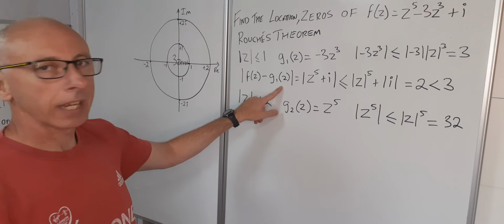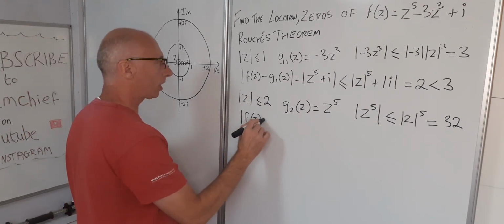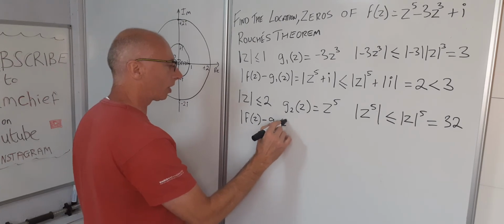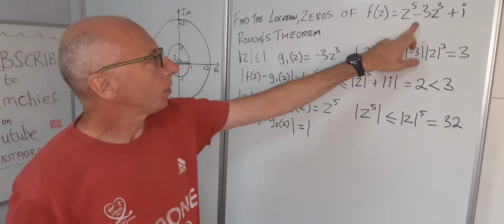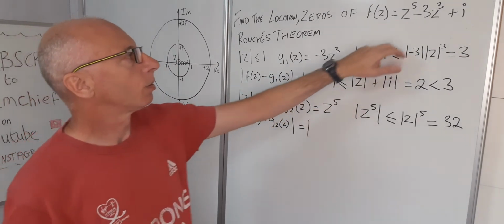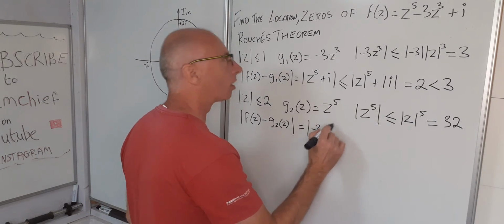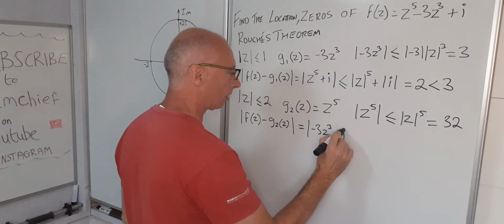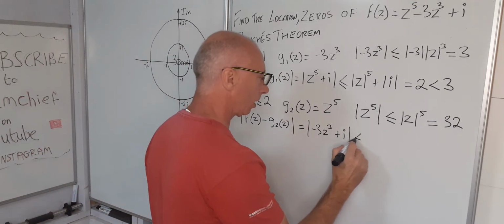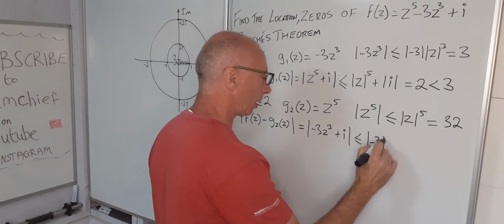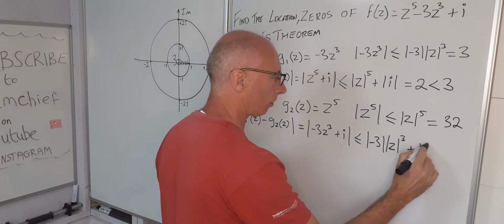Okay, so now we'll take care of this part of the triangle inequality. So f of z minus g2 of z, take the modulus of that. That then becomes this function minus this function, which is minus 3z cubed plus i. Okay, so using the triangle inequality, less than or equal to the modulus of minus 3z cubed plus the modulus of i.